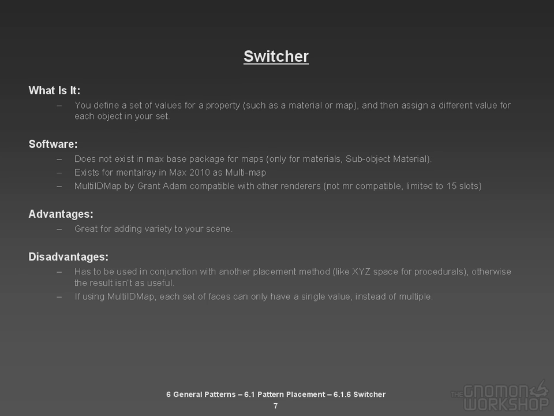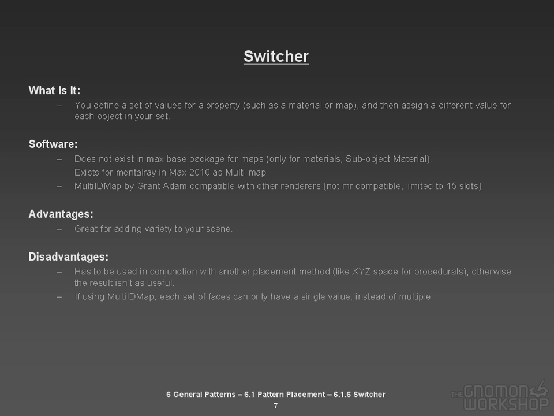So software-wise, there's no one plugin in Max that handles all of the different kinds of switchers that you might want. There is one for materials, called the subobject material, but there isn't any for maps. There is one in Max 2010, which is coming up, called the multi-map, and that does what a switcher does. However, it only works in Mental Ray. It doesn't work in the standard renderer.